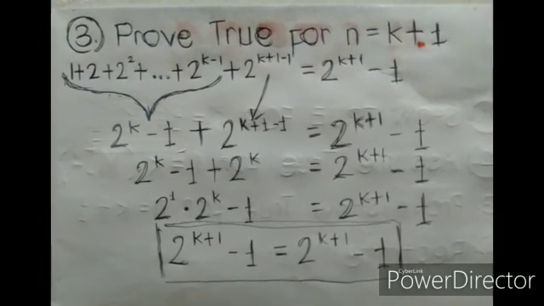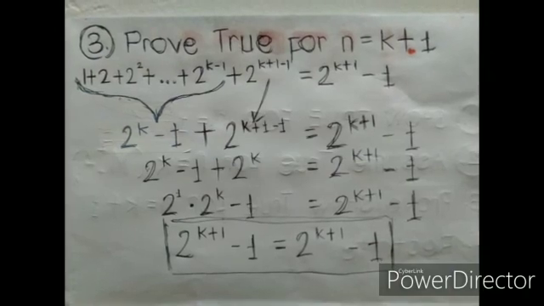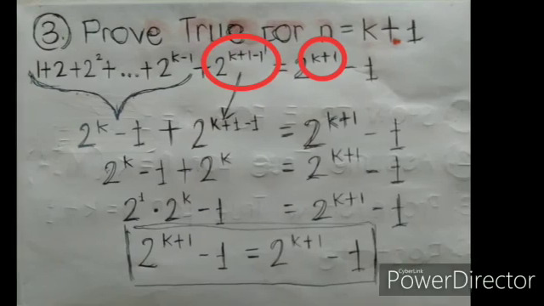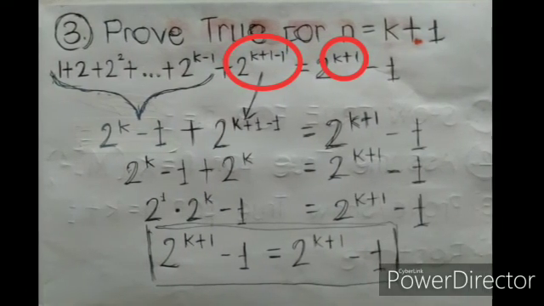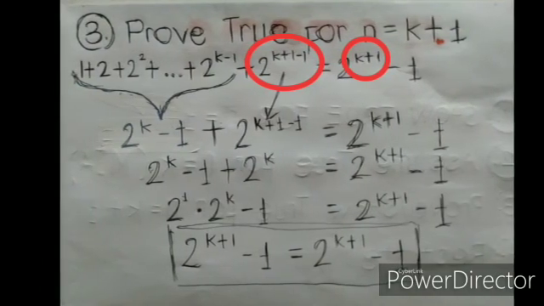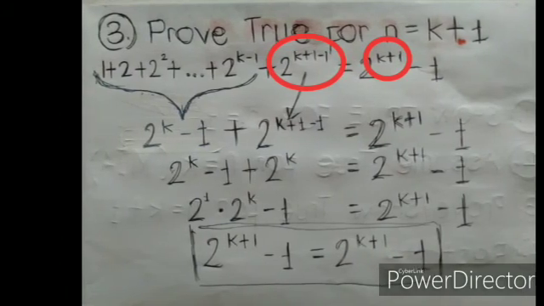Here we're going to add a term on the left side of the equation where n equals k plus 1, which is 2 to the power of k plus 1 minus 1. While on the right side of the equation, we're just going to substitute the value of n, or the exponent n, with k plus 1. By that, we can already solve the equation.